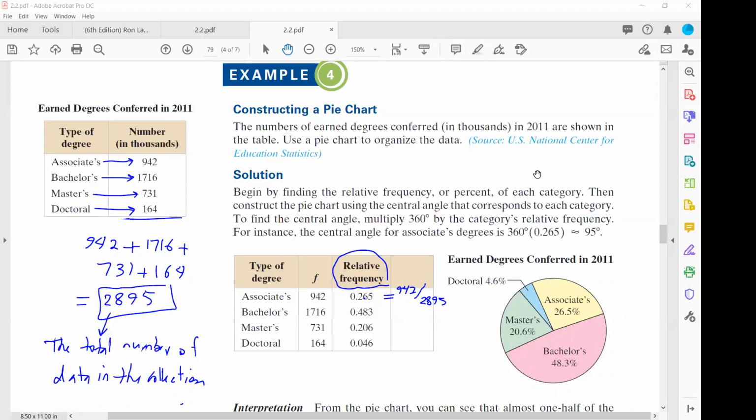Do we have any different denominator? If you add them all together, everyone has 2895. I want everyone to participate in adding. No, very good. I have two students with different denominators.